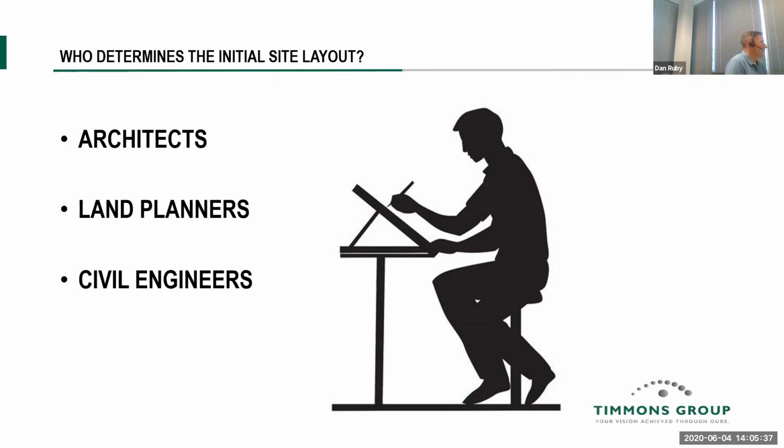Different projects might have different players involved early in the game. There may be different folks from different backgrounds establishing an initial site layout. Depending on the owner or developer, they could get an architect involved early, or a land planner, or a civil engineer.